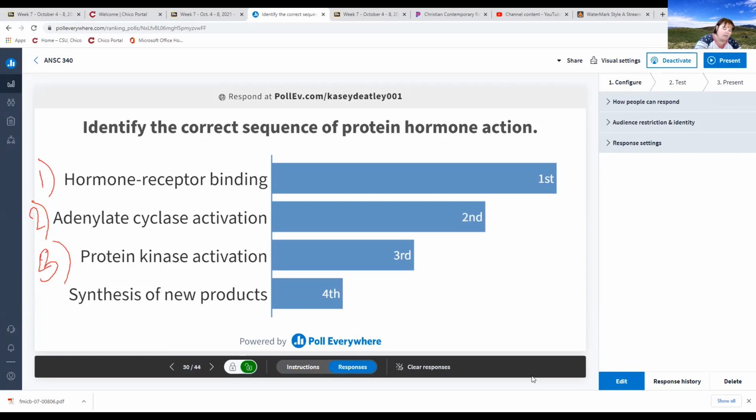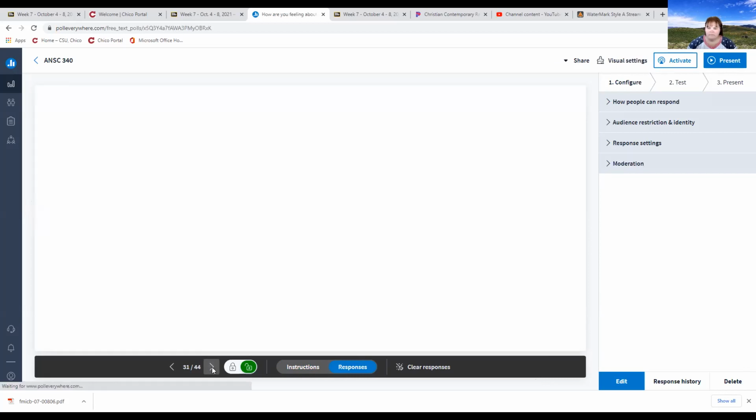And then we get synthesis of the new protein product. So good job, guys. You got it. Let me clear my annotations and we'll go to the next question.